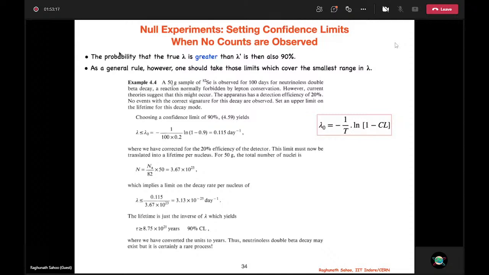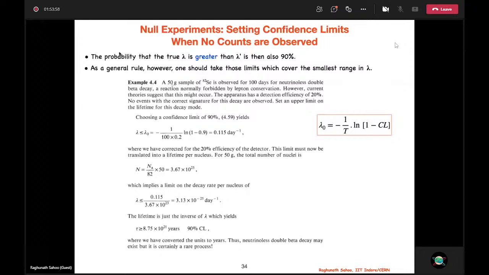And this lifetime is just the inverse of lambda, because I showed you earlier that lambda inverse is equal to tau. So since lambda was less than or equal to this number, tau will be greater than or equal to 8.75 times 10 to the power 21 years, and I have to put my confidence level. So at 90% confidence level, my tau is 8.75 times 10 to the power 21 years.